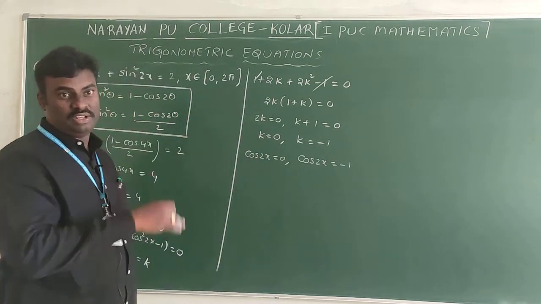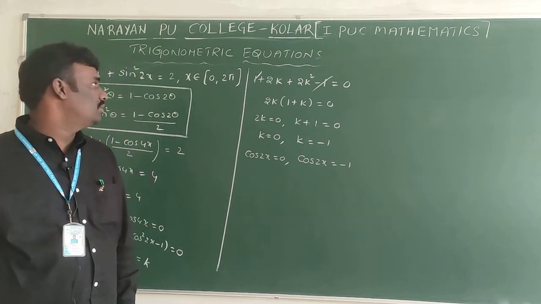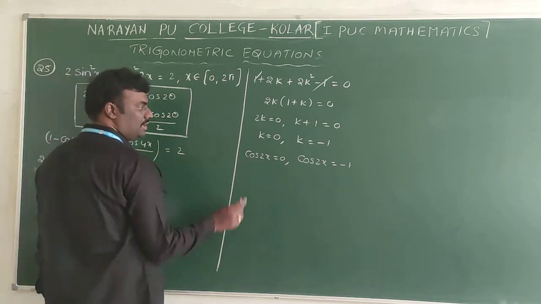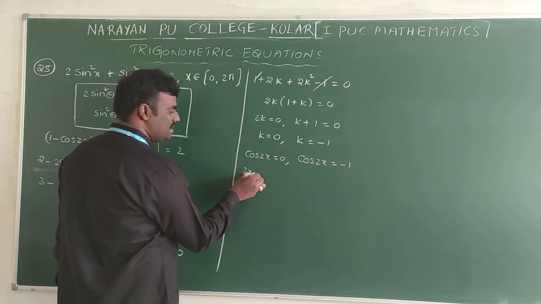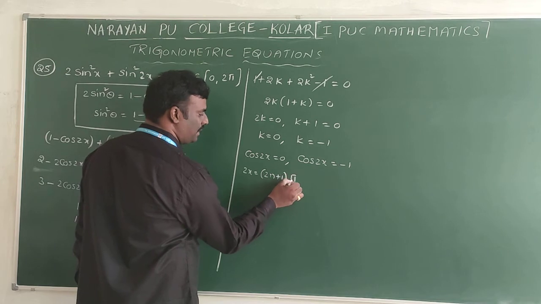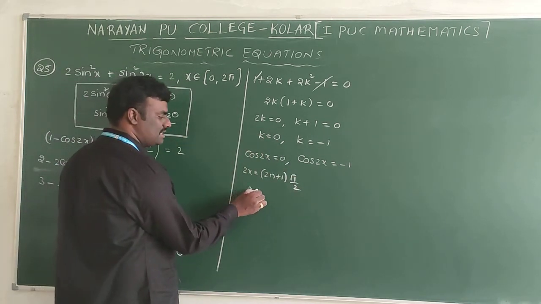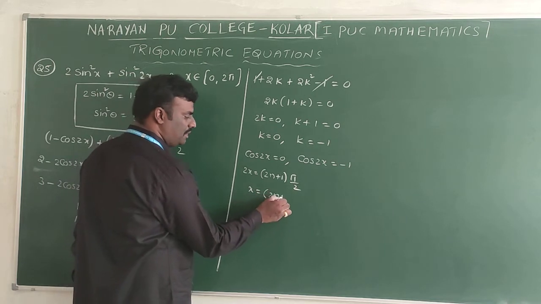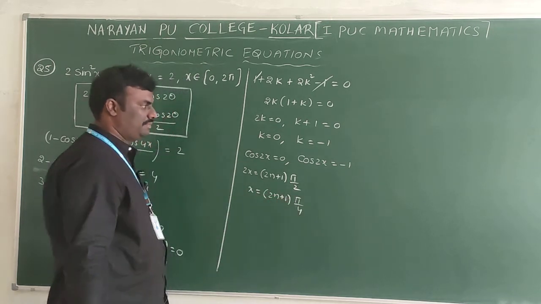If you know the values, you can find directly. Otherwise, you can apply the general solution. Now cos 2x equals 0, general solution: 2x is equal to 2n plus 1 into pi by 2. Now x is equal to 2n plus 1 into pi by 4.